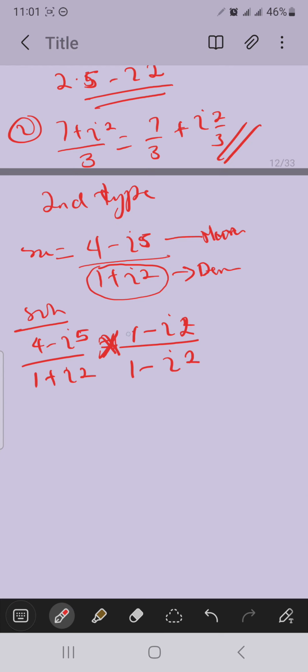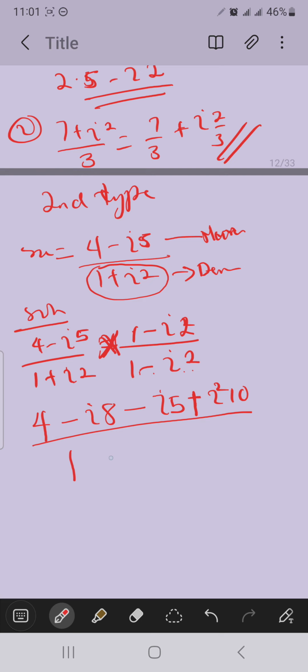So this one times this is going to be 4 times 1, 4. 4 times minus i2 is minus i8. Minus i5 times 1 is minus i5. Minus i5 times minus i2 is plus i squared, 5 times 2, 10, all over, you know, this one is like multiplying by the conjugate, just 1 times 1, 1, minus times plus, minus i times i squared, 2 times 2, 4. That's all.